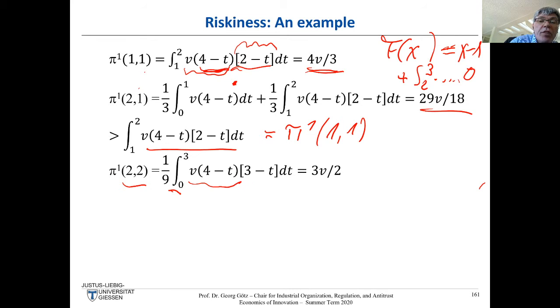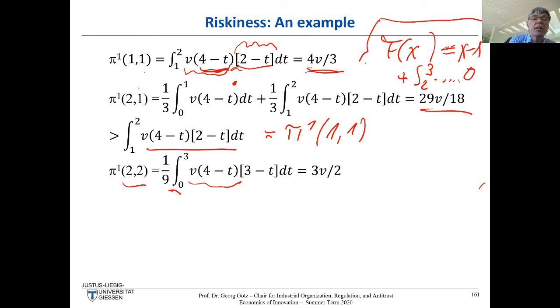We get 1/3 here again from our density function, and again we need to calculate our cumulative distribution function. What is the probability that the rival was not successful by a certain time?